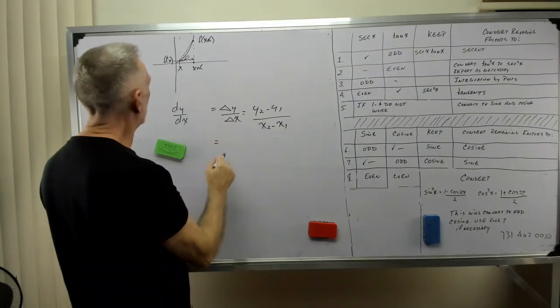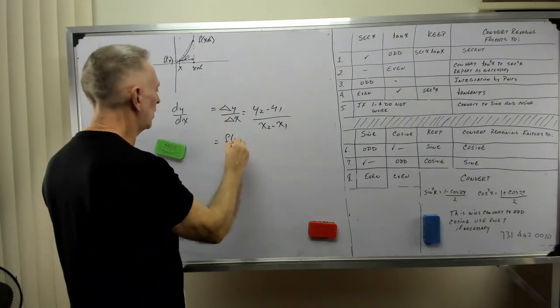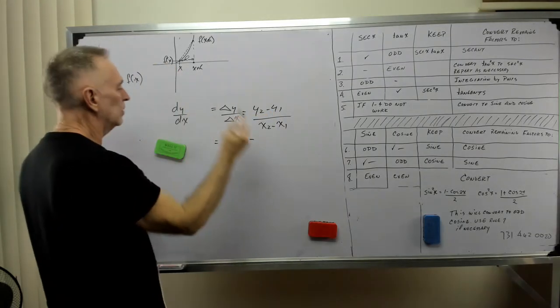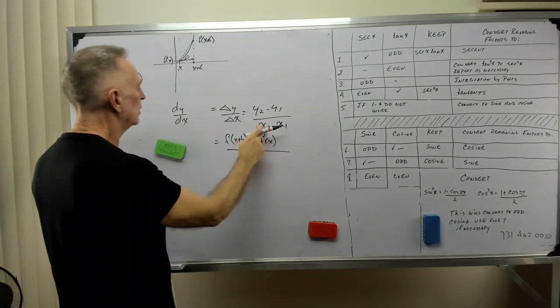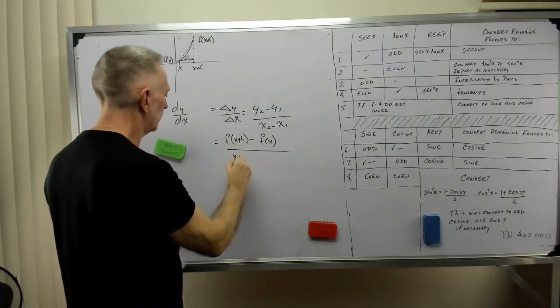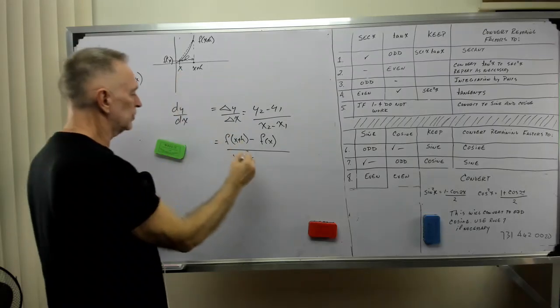So what is that? y sub 2 is f of x plus h, minus y sub 1, which was f of x, over x sub 2, which was x plus h, minus x sub 1, which was x.